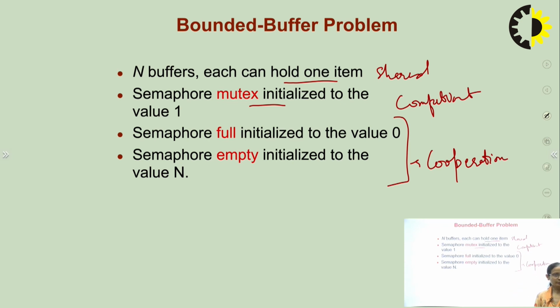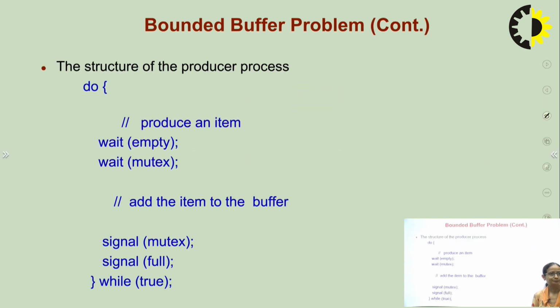Semaphore full is initialized to value 0, and empty is initialized to value n. Full checks whether the array is empty or not, and with the help of empty we see whether the buffer is full or not.